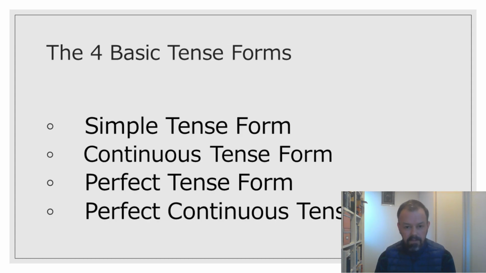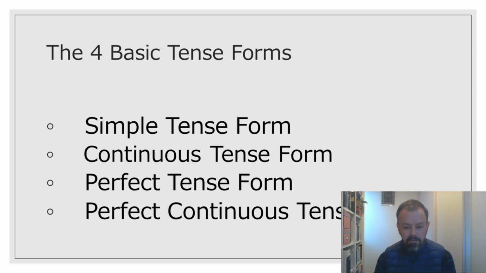Now, some languages have different amounts and different types of basic tense forms, but most people agree, and this is a subject which is still open to some debate, most people agree there are four basic tense forms in English. The three tenses are past, present, and future, but the tense forms are simple tense, sometimes called basic tense.